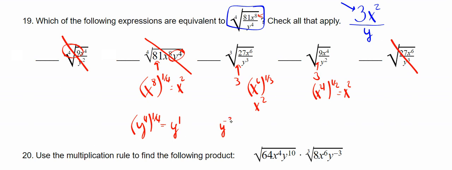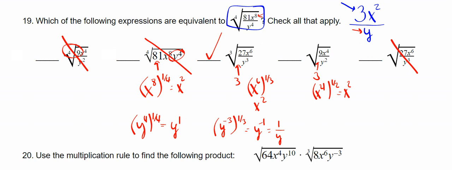If I wanted to put it in the numerator, I'd make it -3. And it's being raised to the 1/3. So that's y to the -1, or 1 over y. And that's what I needed, a y in the denominator. So that does simplify to 3x squared over y.